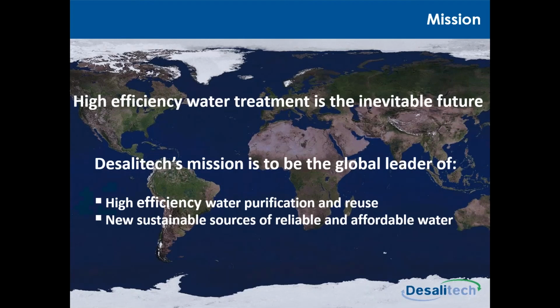So Desalitech targets industrial applications, and we're committed to high efficiency water treatment for both water purification, reuse, and desalination. And in so doing, we're making new sustainable sources of water available.